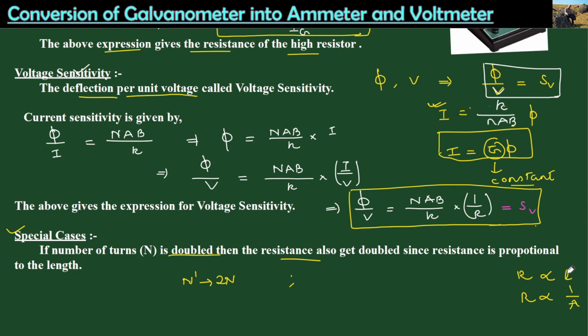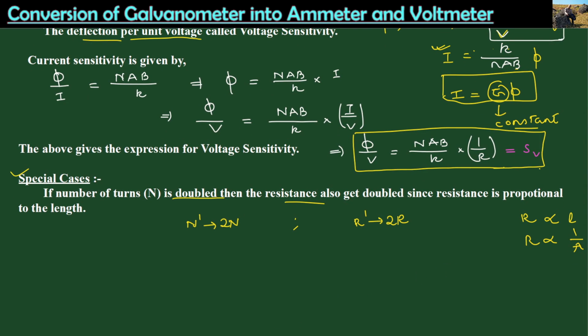Based upon this, if the number of turns is doubled, and R is the original resistance, then when you double that R, the new resistance R dash will be equal to twice R. So if you study the new sensitivity, phi divided by V, let that be the new sensitivity. This will be SV dash.